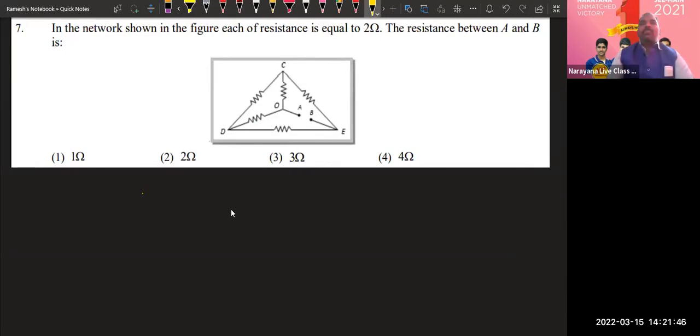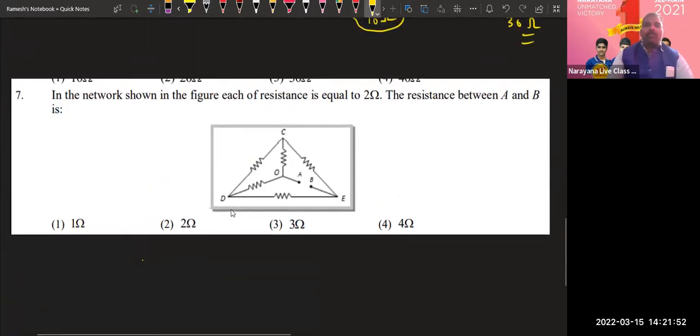Okay, so in the network shown in the figure, each resistance is how many ohms? 2 ohms. The resistance between A and B is how much? We already discussed this in the classroom: you have to hold the A wire and take it out of the triangle.